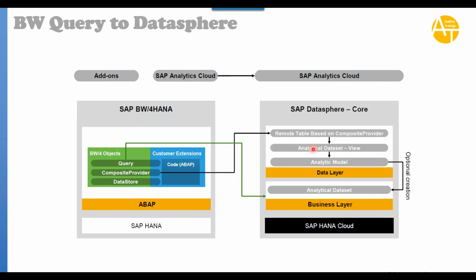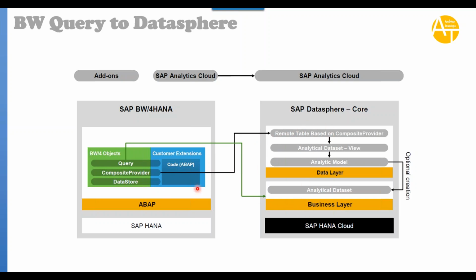For example, a remote table based on an info provider, as well as an analytical data set and a dimension based on the mapped info objects, are created. You can see a query is transformed into an analytic data set, or a composite provider from BW is transformed into a remote table. Yes, these objects get created in DataSphere automatically.